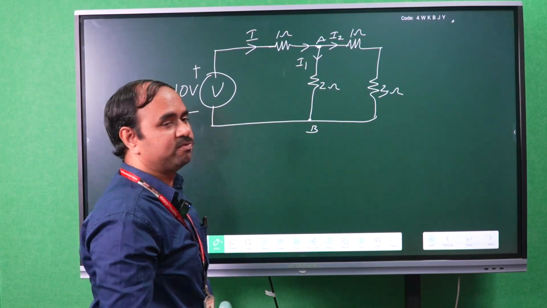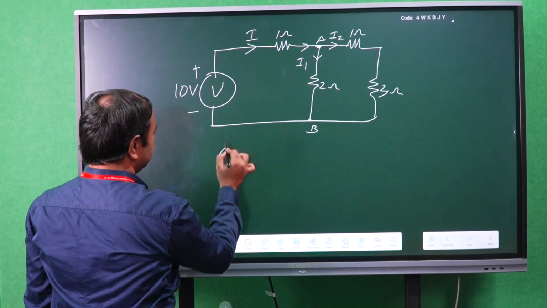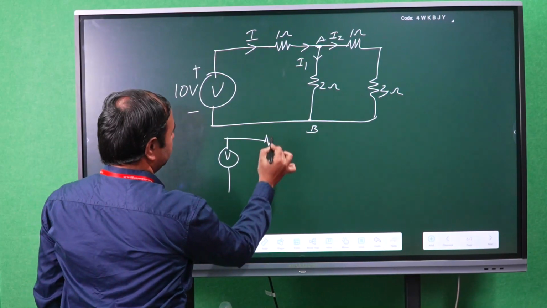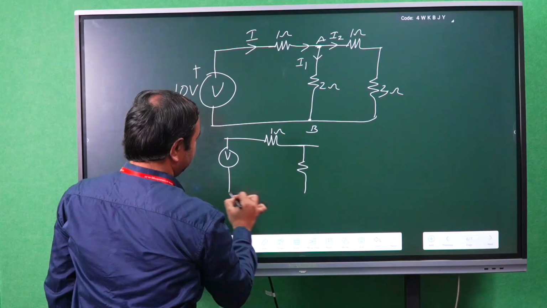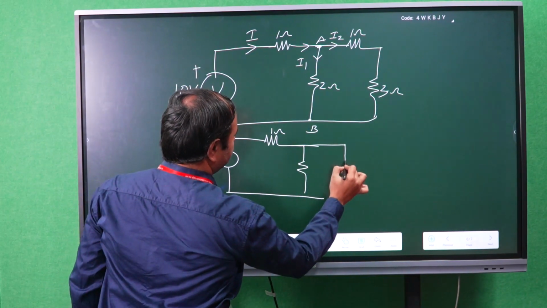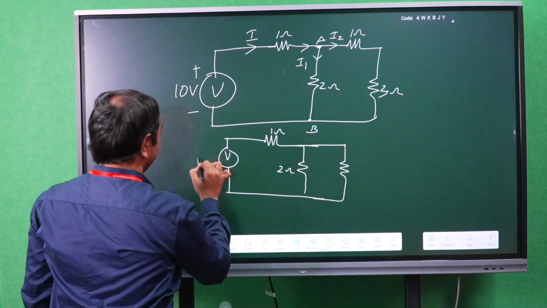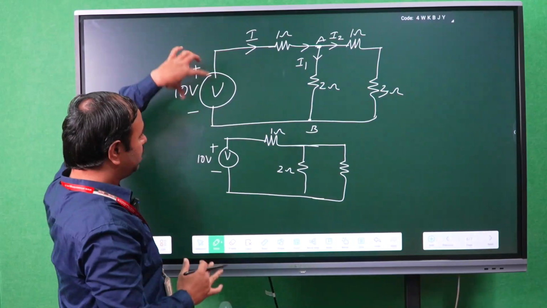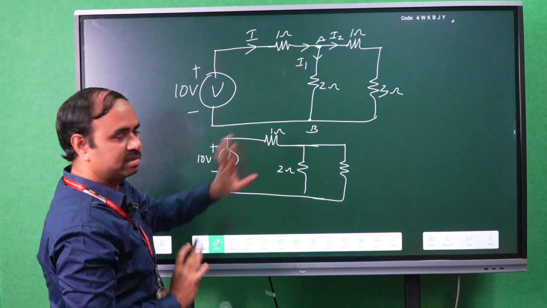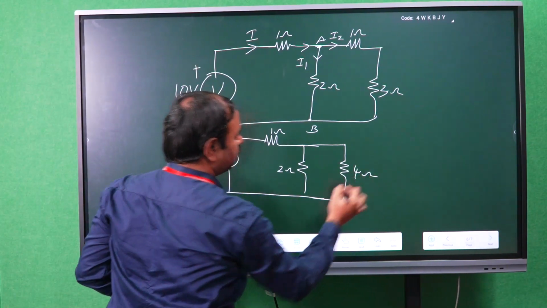So modify this circuit like this. The remaining circuit will be the same, 10 volts, 1 ohm, 2 ohm as it is, and 1 plus 3 becomes 4 ohms.